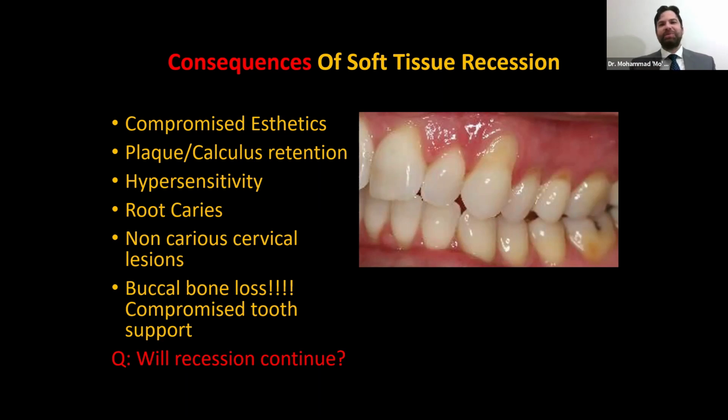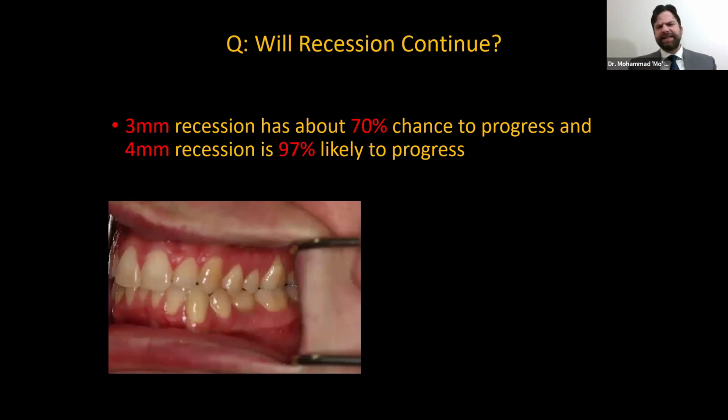A question that a lot of my patients ask me, they say, Mo, will the recession progress? Will it continue? To answer that question, let's look at the literature. The literature tells us that when you have about 3 millimeters of recession, the chances that it's going to progress are about 70%. But if you have 4 millimeters of recession, it's almost inevitable that it will progress.